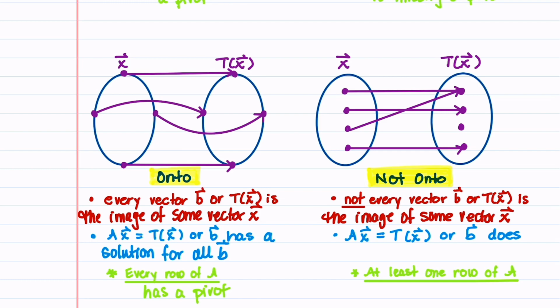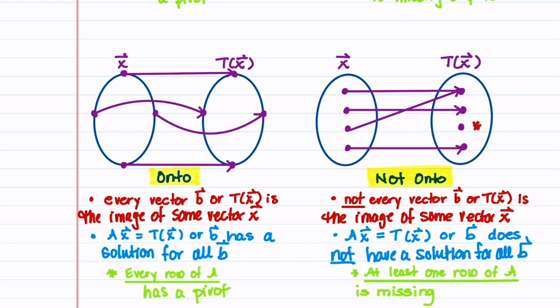Let's put a star by this one. This means that Ax equal to T of x, or b, does not have a solution for all b. This means that at least one row of A is missing a pivot.